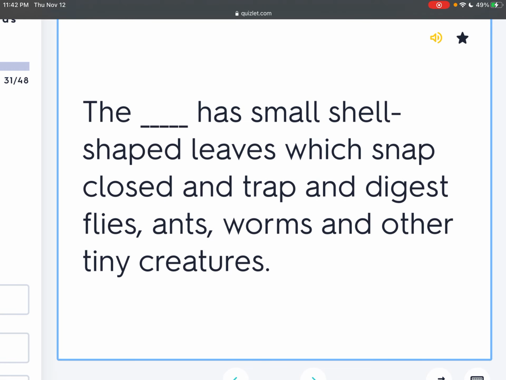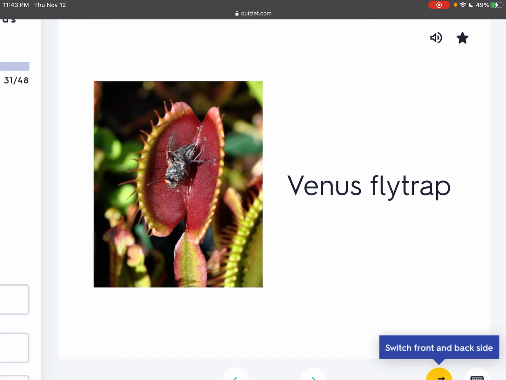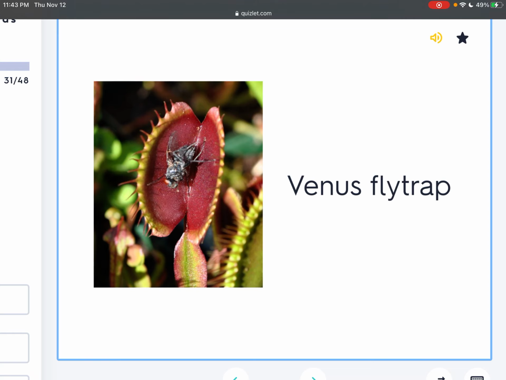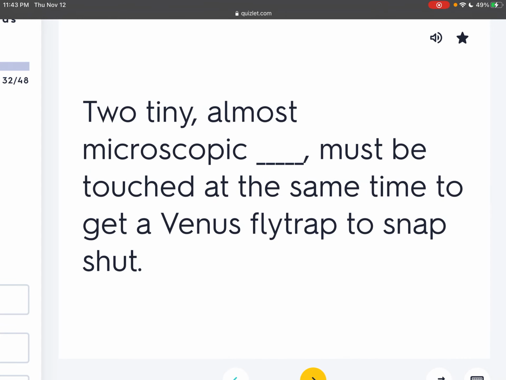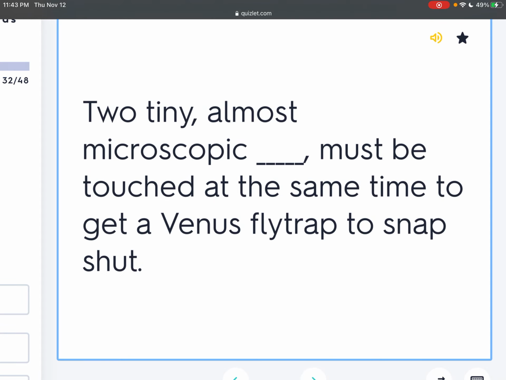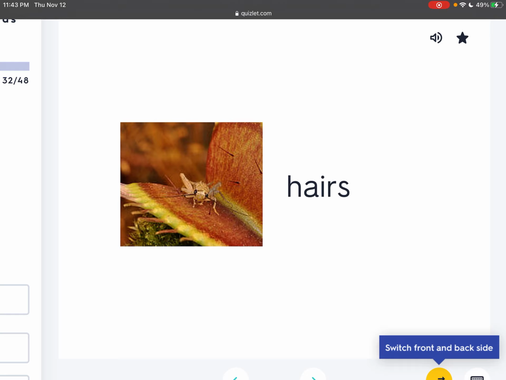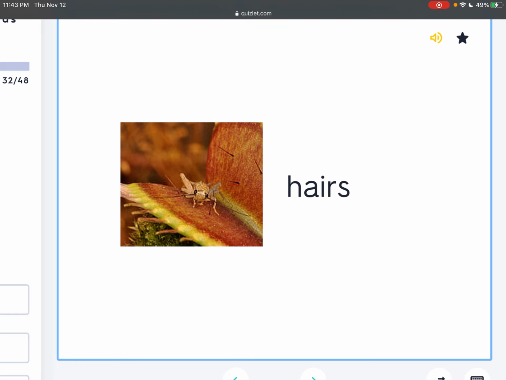The blank has small shell-shaped leaves which snap closed and trap and digest flies, ants, worms and other tiny creatures. Venus flytrap. Two tiny, almost microscopic blank must be touched at the same time to get a Venus flytrap to snap shut. Hairs.